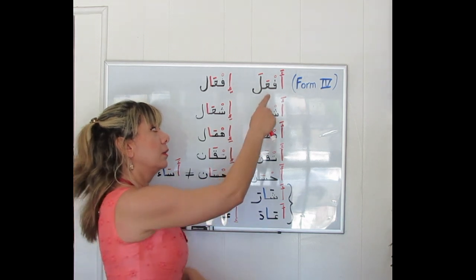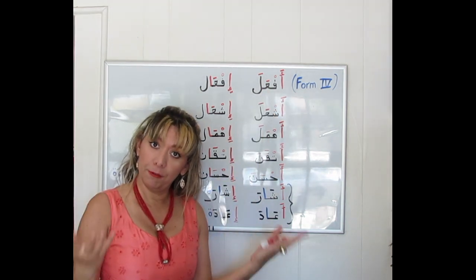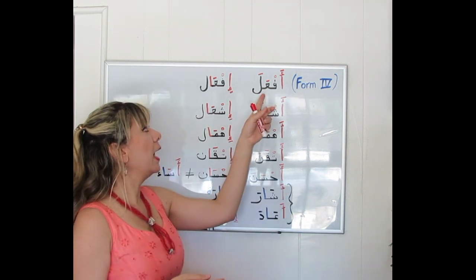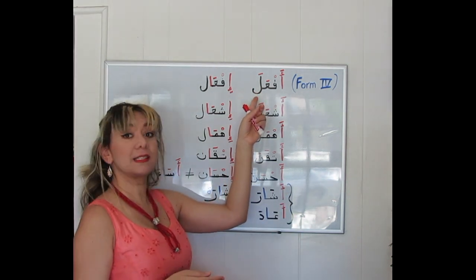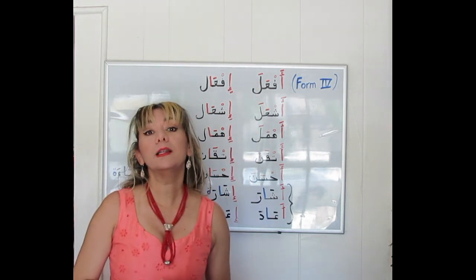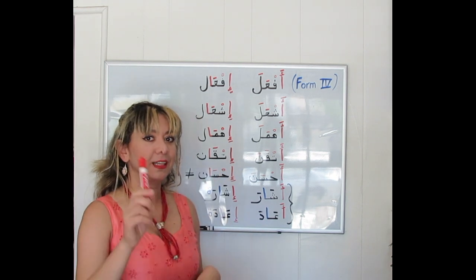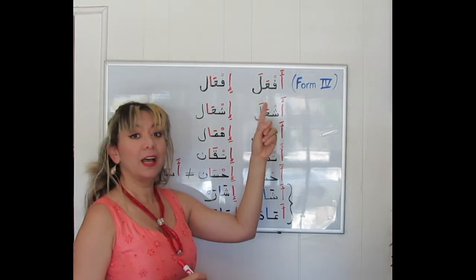Then the second radical followed by a fatha, and lastly the third radical with another fatha, af'ala, like ash'ala.